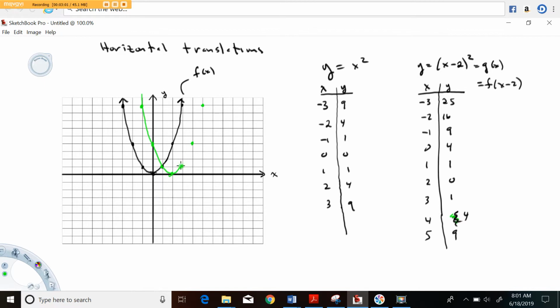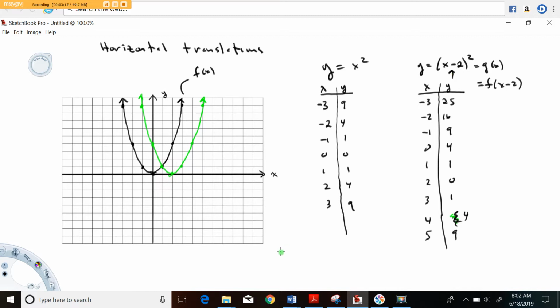And what you'll notice is that, especially if my drawing was a little better, the green is a perfect image of the black, just shifted to the right by 2 units. And that's the effect of this minus 2 right here.